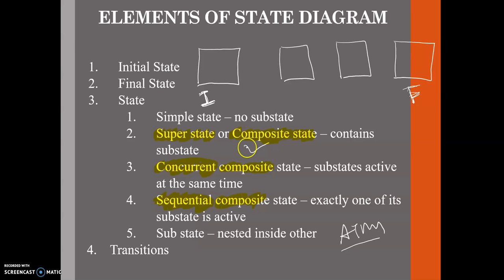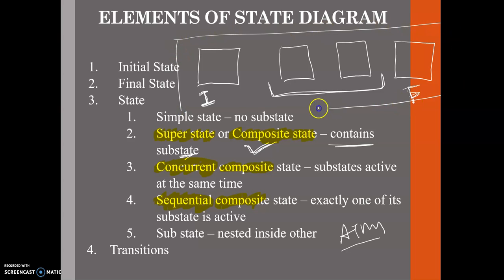So that we call the composite state, which means it contains multiple substates. This is my single process which has multiple substates. Now when we say concurrent, what does it mean?